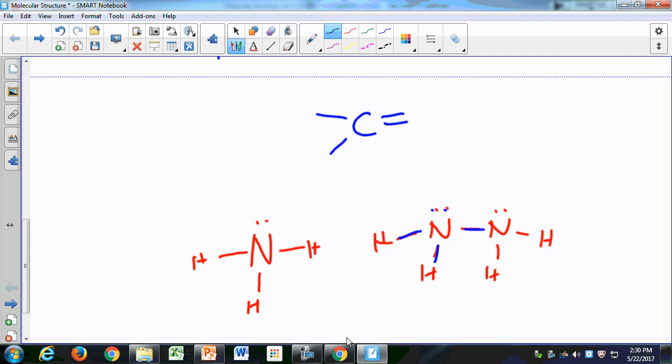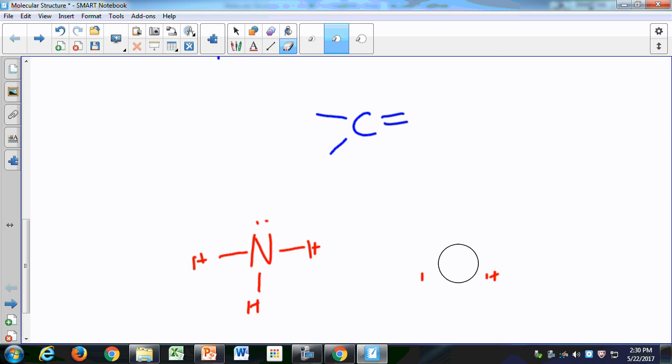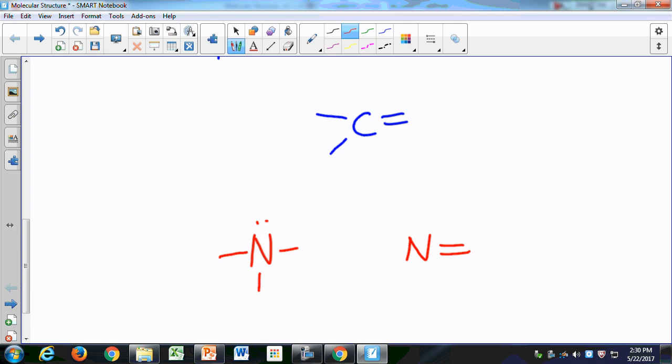This nitrogen over here has 3 bonding pairs and a lone pair. Or instead of 3 single bonds, a nitrogen can also have a double bond and a single bond and a lone pair. So that's 3 bonding pairs and a lone pair. Or it can have a triple bond and a lone pair. So that's 3 bonding pairs and a lone pair.